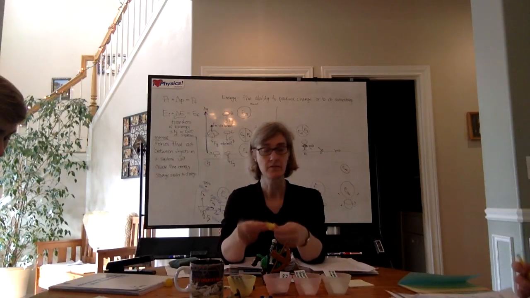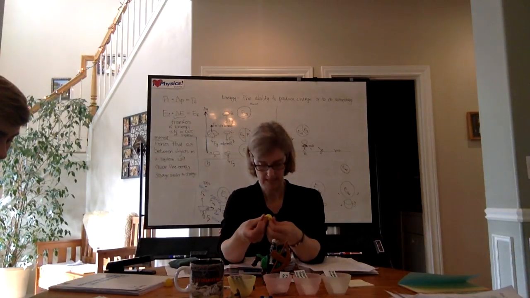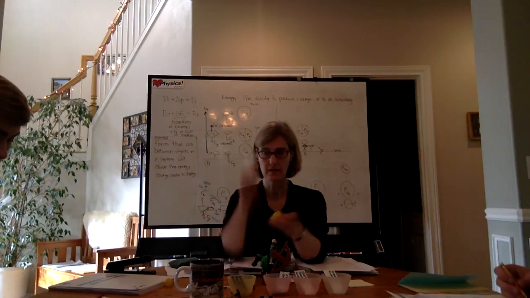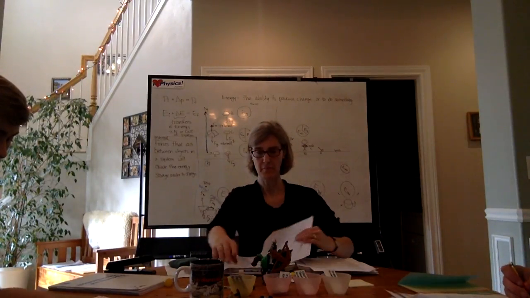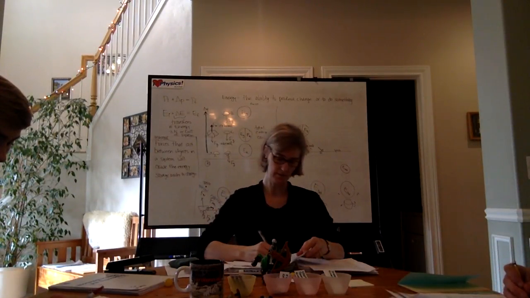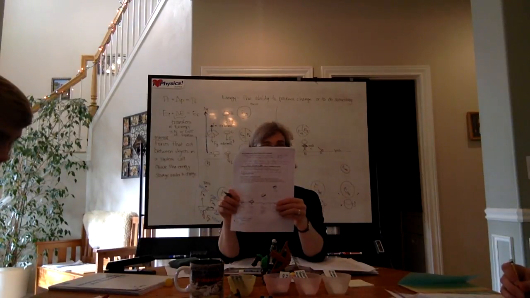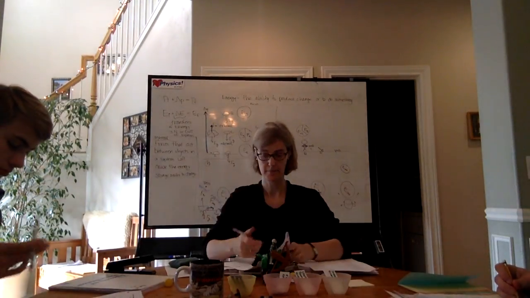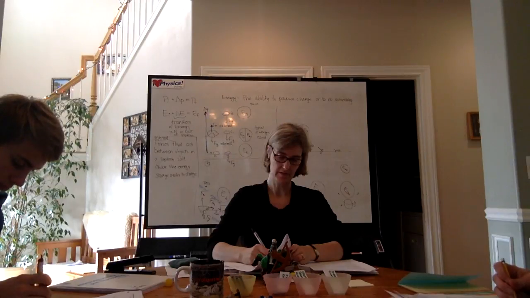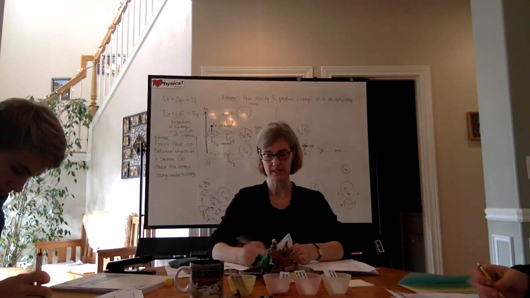Part B, what external forces caused a transfer of energy in or out of the system? That would be the external force of your hand on the popper, and that happened between A and B. So draw a little bracket between A and B, and draw the direction of the force. In part C it says draw force vector.